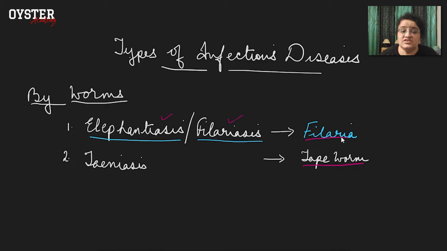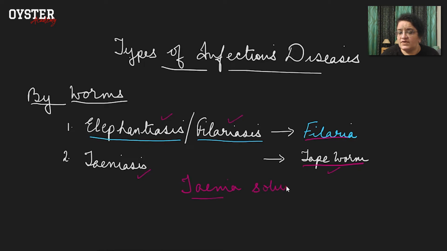Next is teniasis. It is caused by the flatworm known as tapeworm. Why is it known as teniasis? Because the scientific name of tapeworm is Taenia solium. I'll write it over here: Taenia solium.